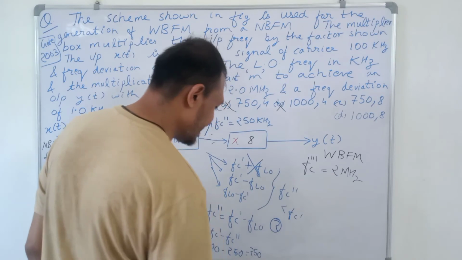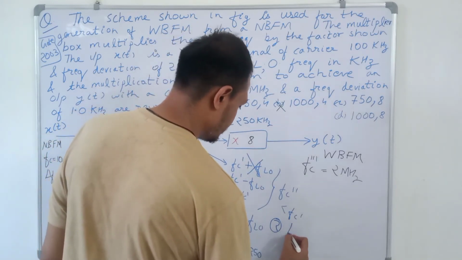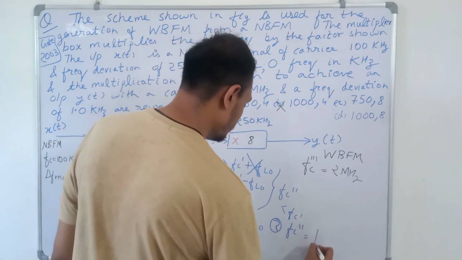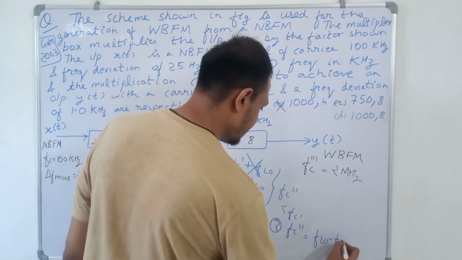Now we look at the second option, that fc double dash is equal to FLO minus fc dash.